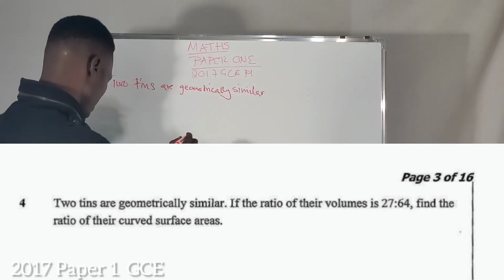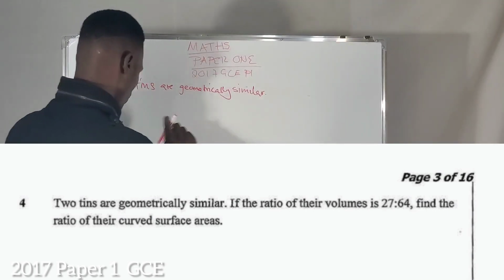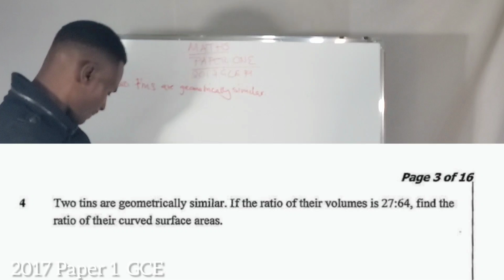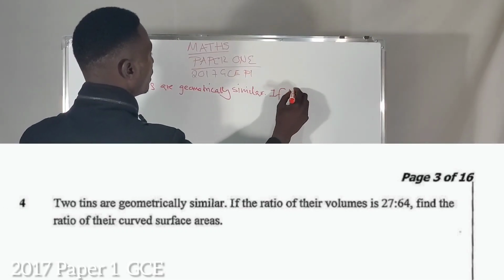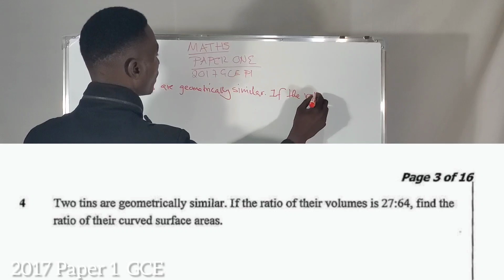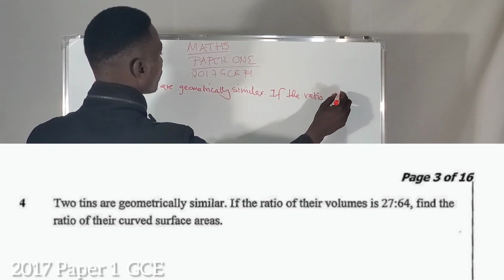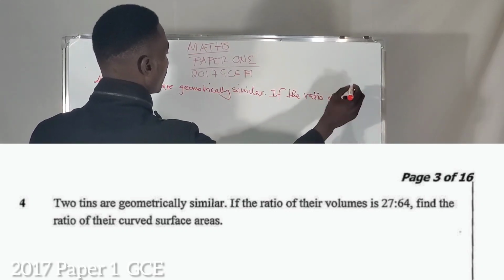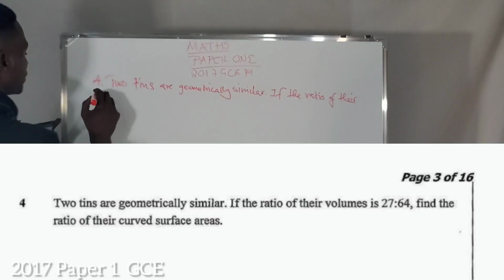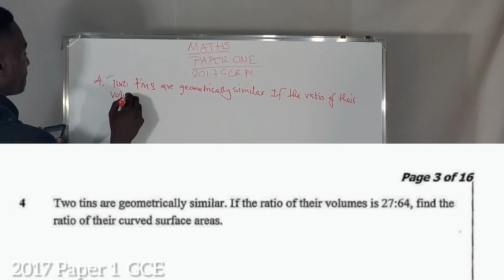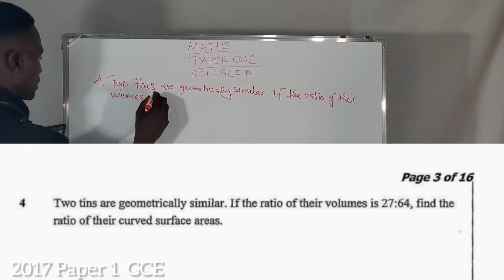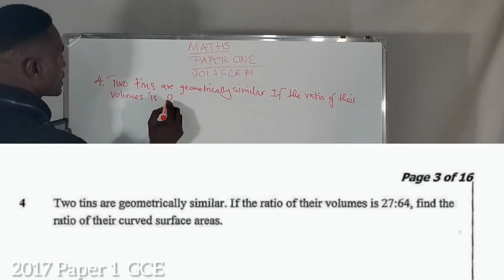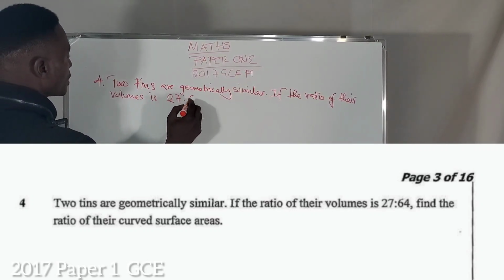This is under similarity and congruence. Two tins are geometrically similar if the ratio of their volumes is 27 to 64.